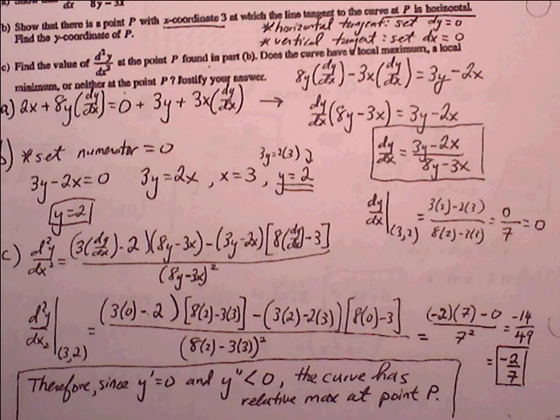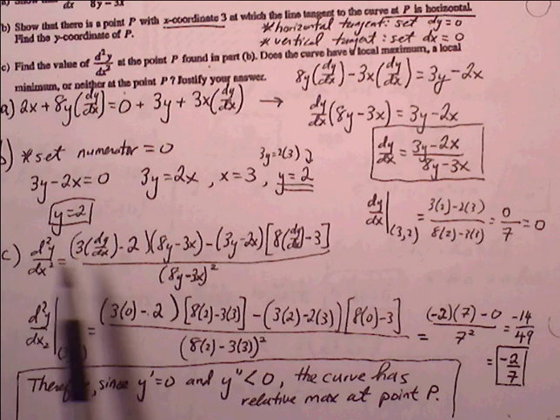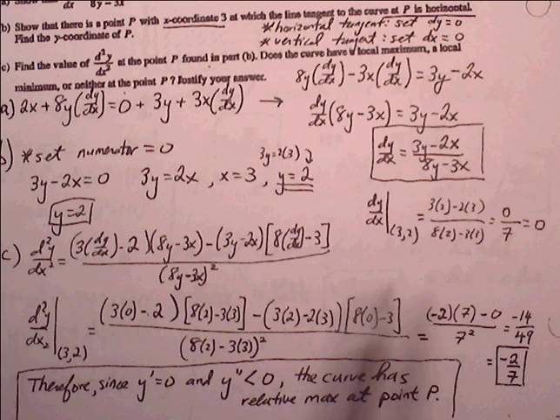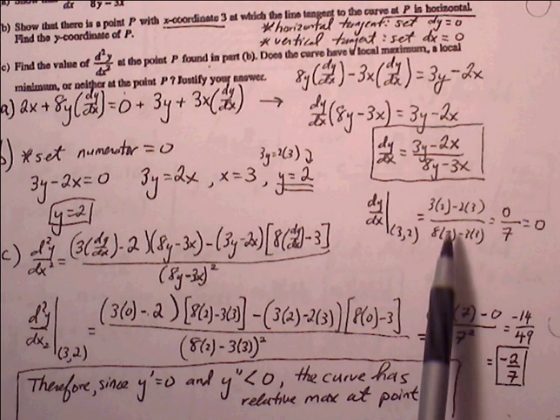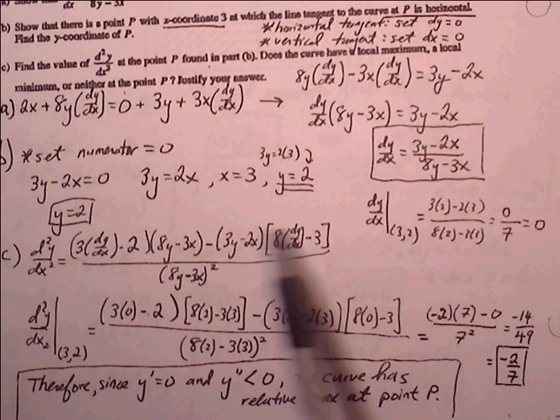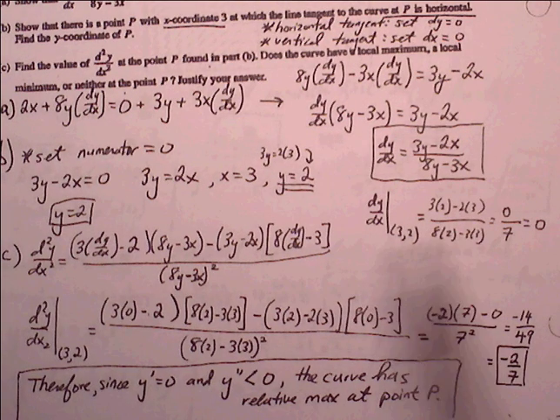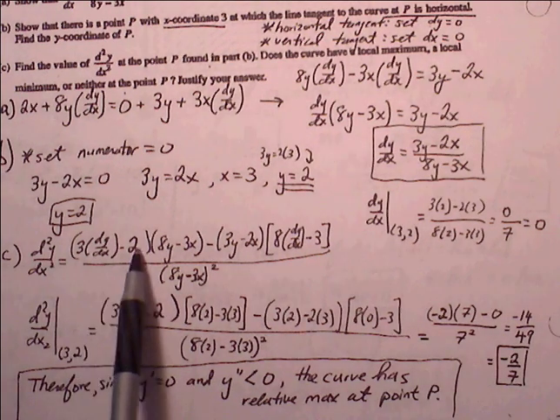So does the curve have a local maximum, a local minimum, or neither at point P? I'm sorry, when I went from here to here, this was actually the result of the first derivative. I should have plugged all this into the result here.